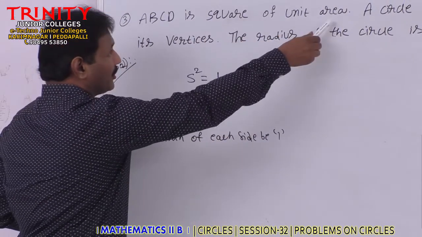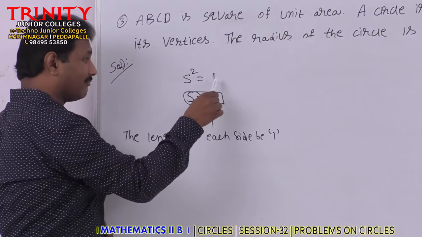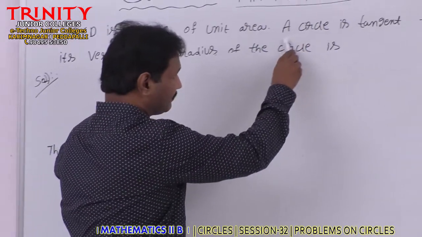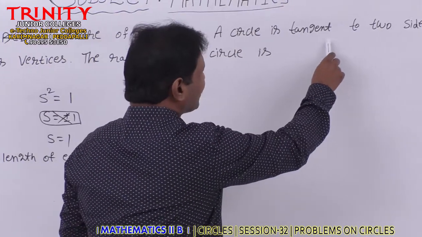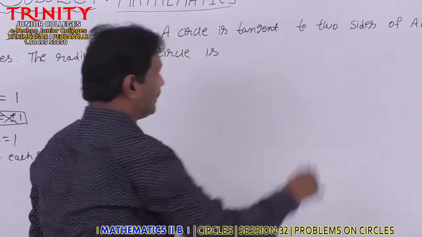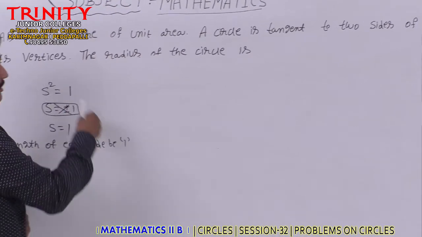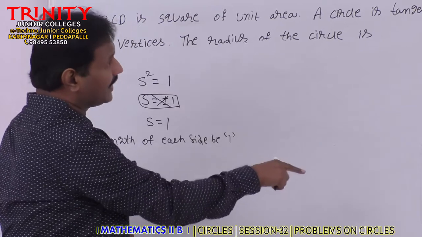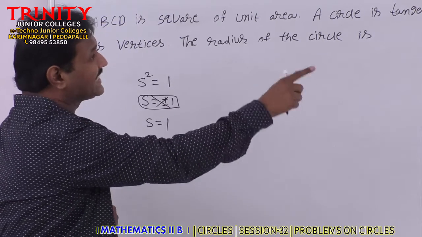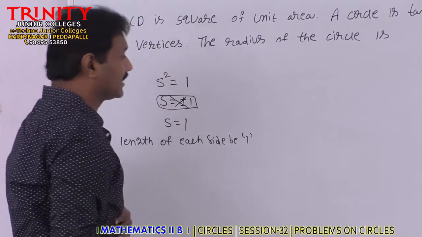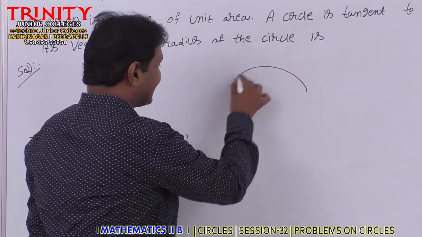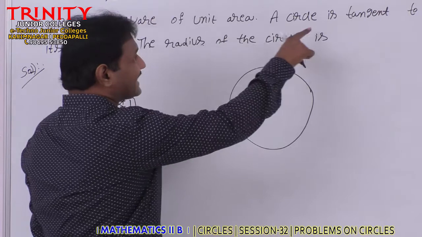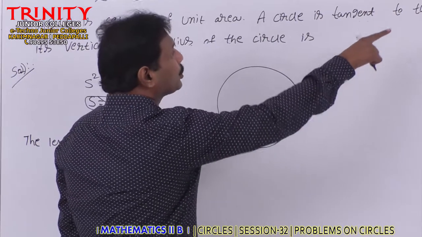ABCD is a square of unit area, so the area is 1 unit and the length of each side is also 1. A circle is tangent to two sides of ABCD and passes through exactly one of its vertices. Suppose this is the circle, tangent to two sides.